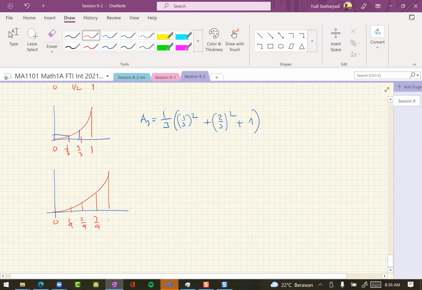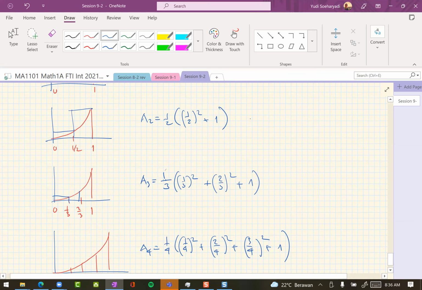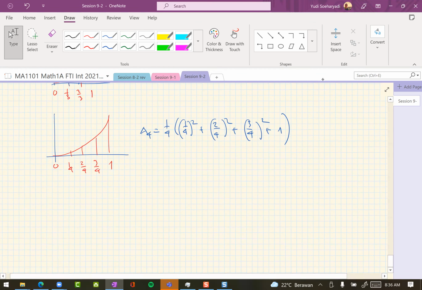And so A4 is, let's see. All right. From this series of observations, A2, A3, A4, can you guess A5 without referring to a picture?